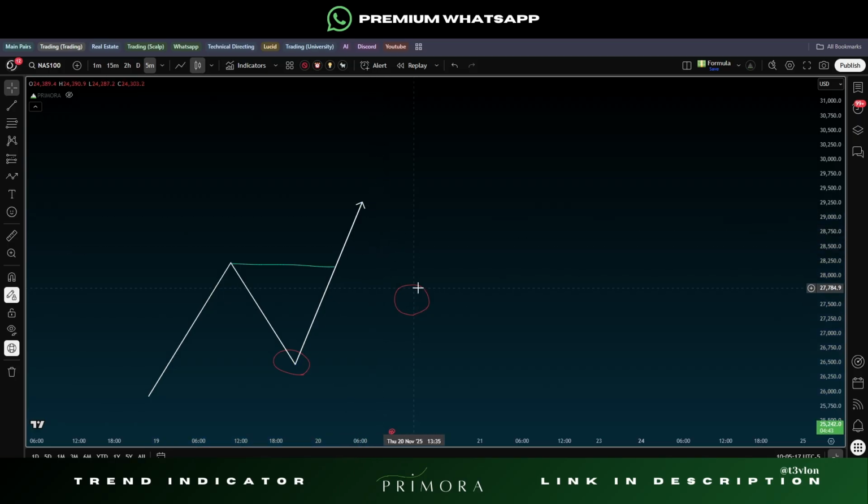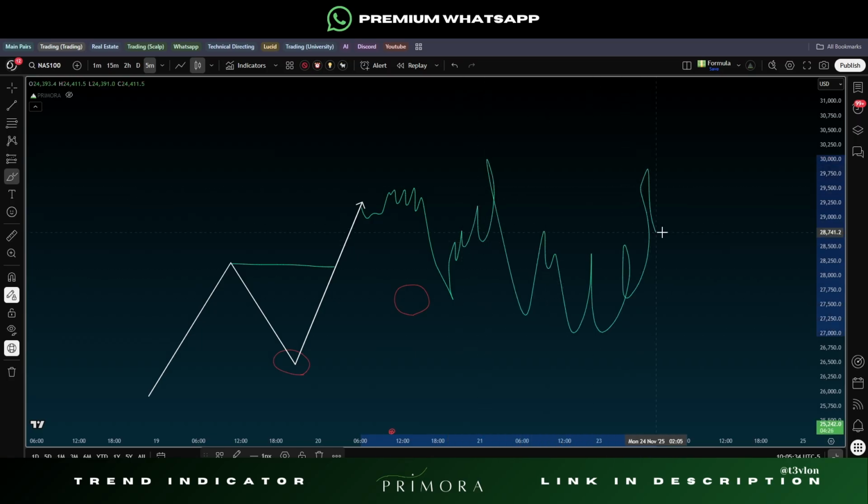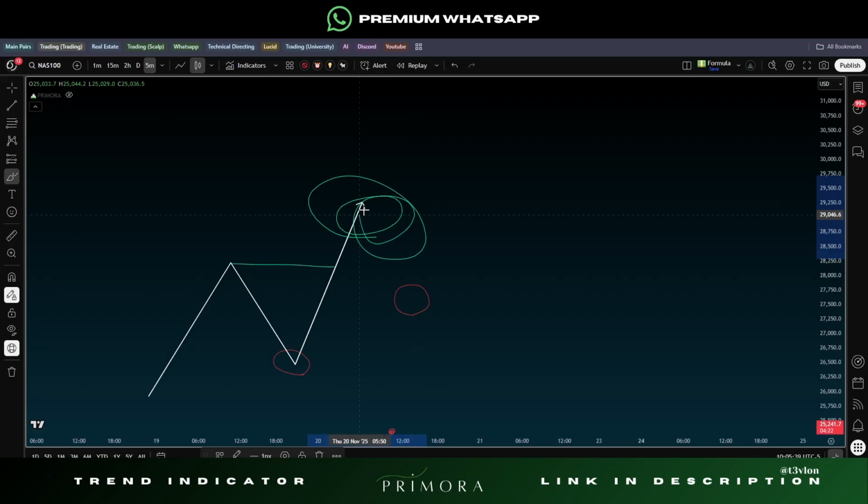You need a pullback, whether to a zone or whatever the case is, because you don't want to enter at the high right here, and you don't want to look for a trade while it's going up higher, because the likelihood of price doing something like this and stopping you out over and over is very high up here in these regions. Versus you looking for a trade around this section right there.